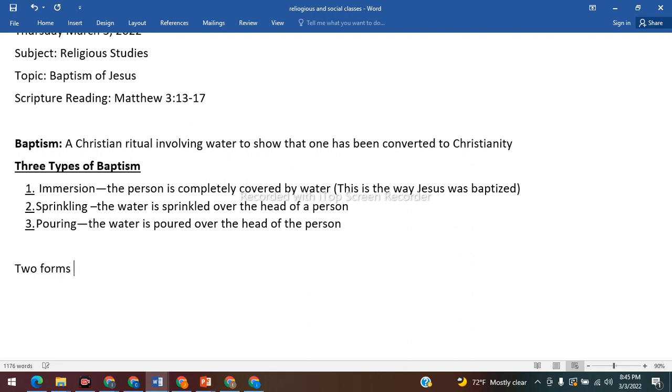So there are two forms of baptism: adult and infant baptism.